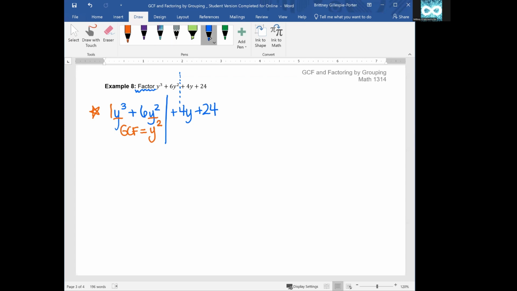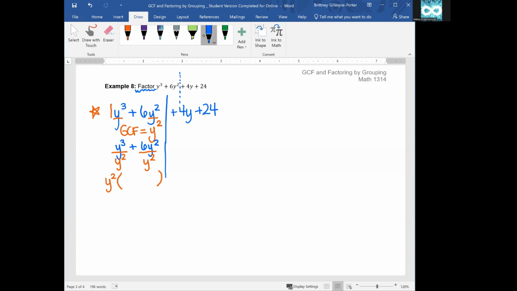Now I am going to show the next step where I'm showing the additional work. If you are at the point where you can skip this step, that's fine. But if you're not comfortable with it, remember that we are taking each of our original terms and dividing by our GCF. And if we are taking out our GCF, we need some parentheses open.